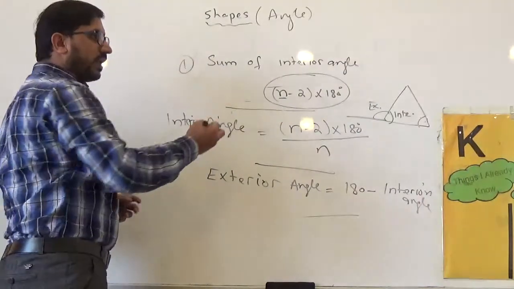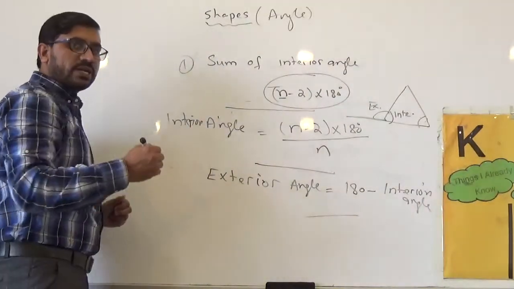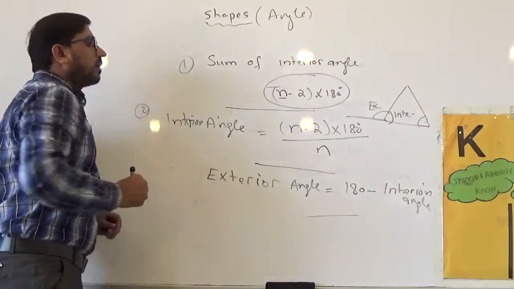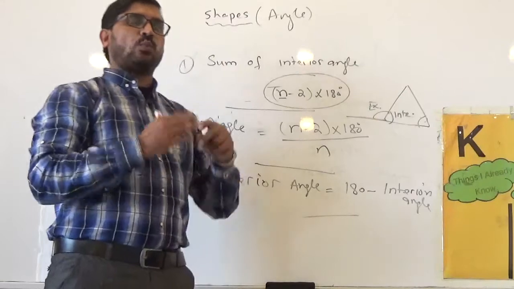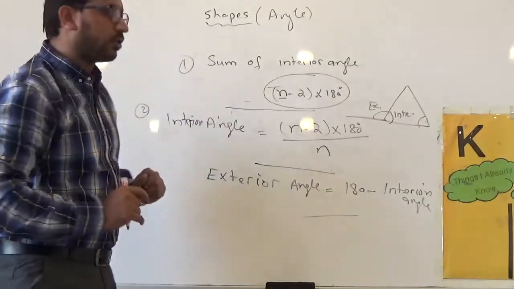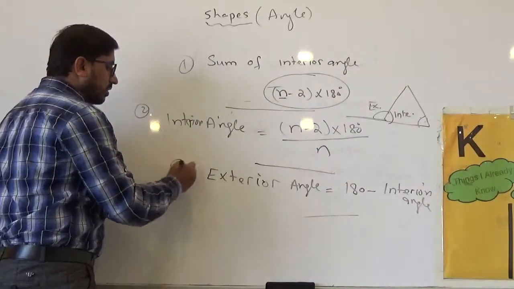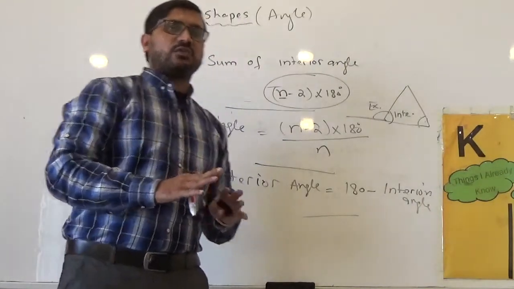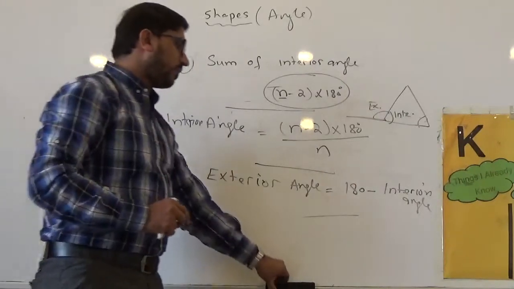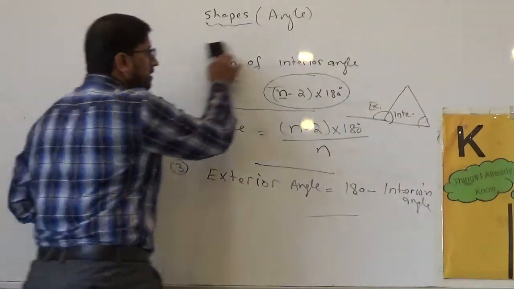First is finding the sum of interior angles of any polygon. Second, we know the number of sides and calculate one interior angle for that shape. Third is how to find the exterior angle for that polygon. So these are the three things we have discussed about the polygon.